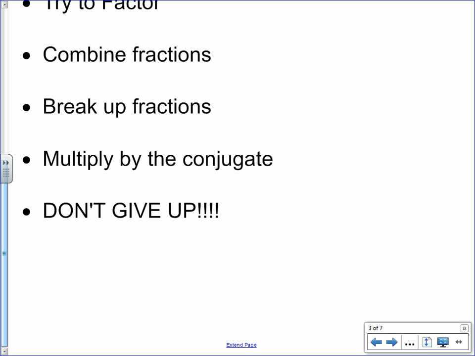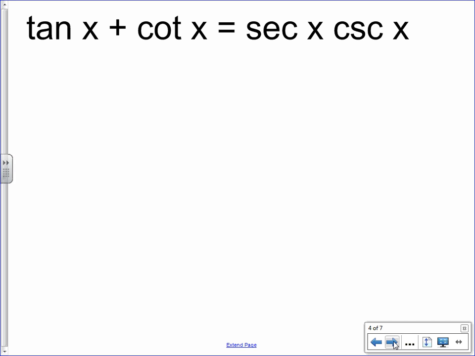Now, what I'm going to do is we're going to go through one example, and then I'm going to give you the steps to some problems that you're going to have to sort through. Okay? So we're going to do the problem that we started out with, that I had on my very first slide.